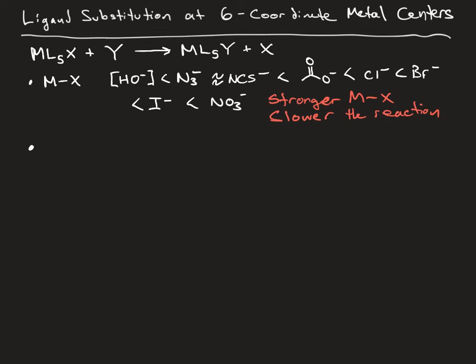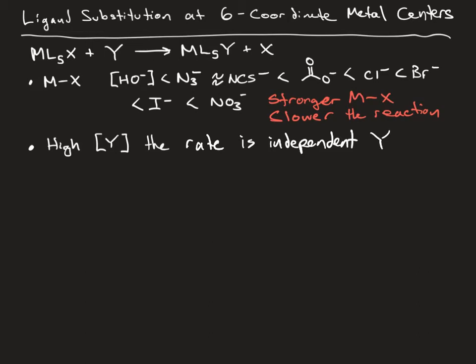Another finding is that at high concentrations of the incoming group Y, the rate is independent of the concentration of Y, or the type of ligand that's being bound to it.